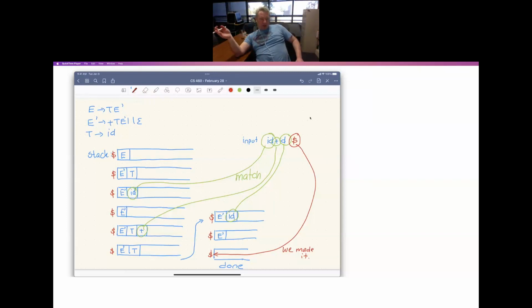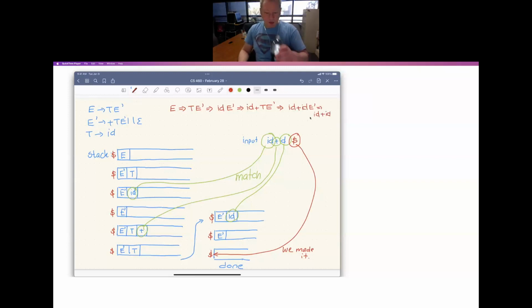Then we manage to produce a derivation of the input string, and we can see that this indeed is a derivation because it says E goes to T E prime goes to ID E prime goes to ID plus T E prime goes to ID plus ID E prime goes to ID plus ID.